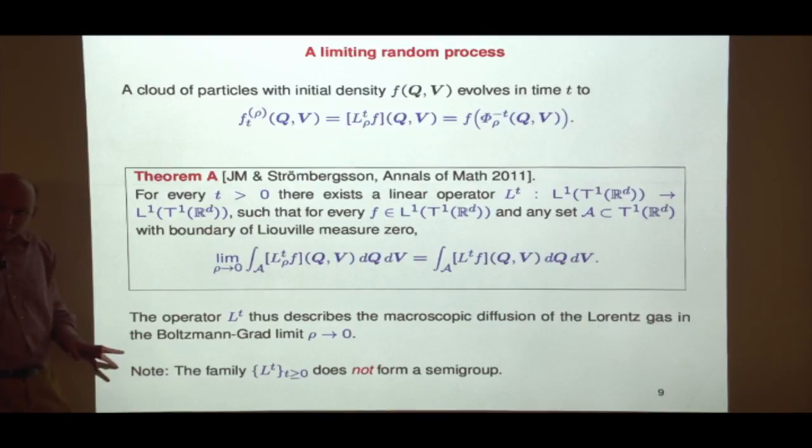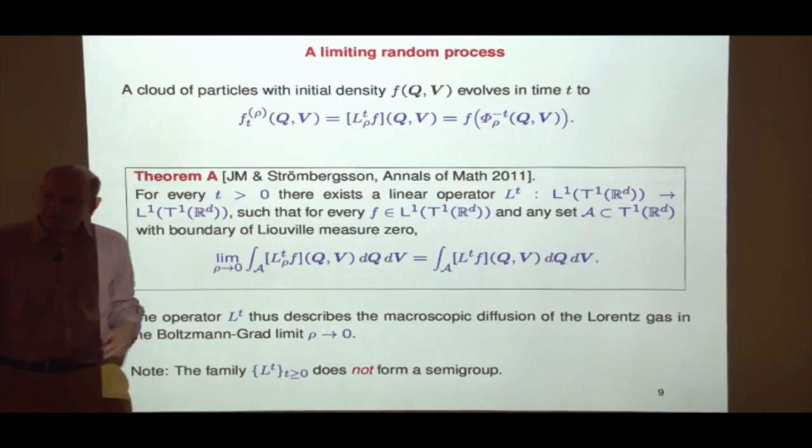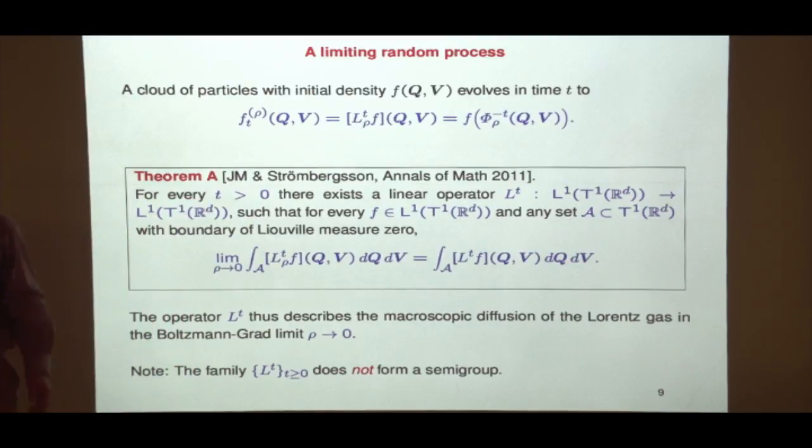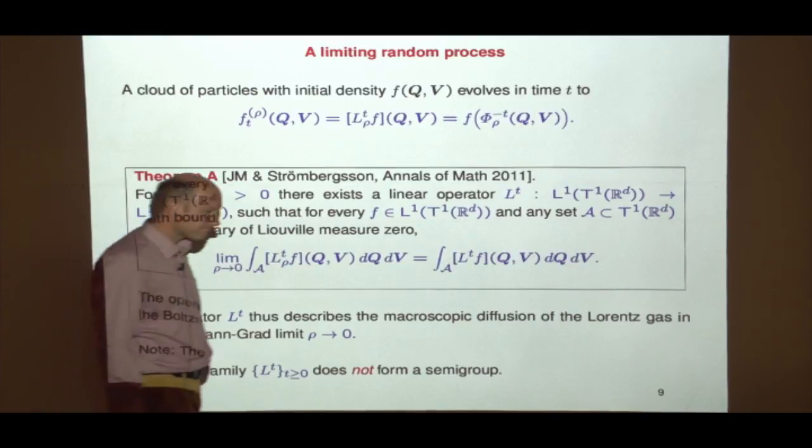And the big surprise here is that this family of operators L_t doesn't form a semigroup. This might be surprising because, of course, for each fixed ρ, we have a semigroup. That's obvious. Hamiltonian dynamics generates a semigroup. Somehow the information is lost here.